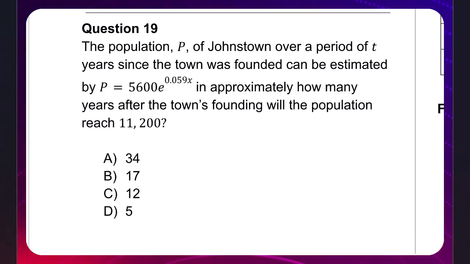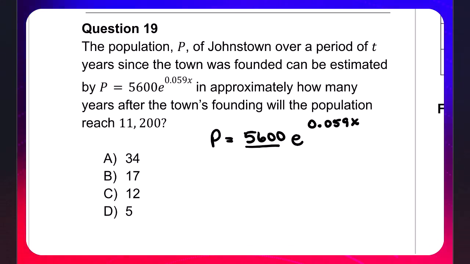All right, question 19 is talking about population over a period of T years. So if you write down the formula, it seems as though we had an original population of 5,600 people. And it looks like we are growing because it's base e. And this is the rate up here.